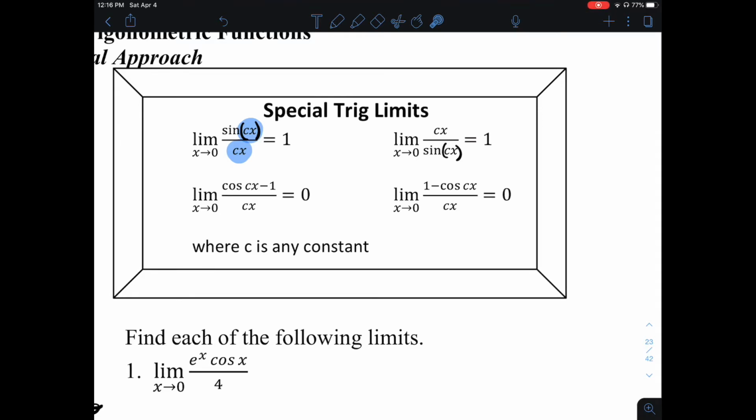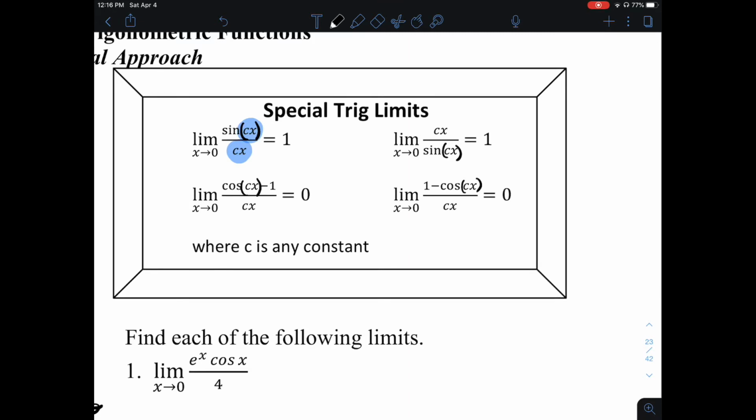I can prove this to you, and maybe I'll take the time to do that sometime, make a special video over that. This one down here, if you have cosine of an angle, and then you're subtracting 1 outside the angle, and that's divided by the angle, that limit's going to be 0.